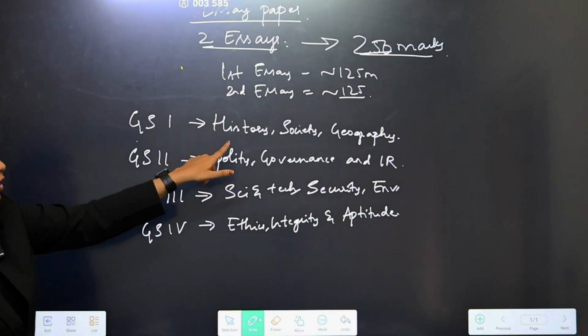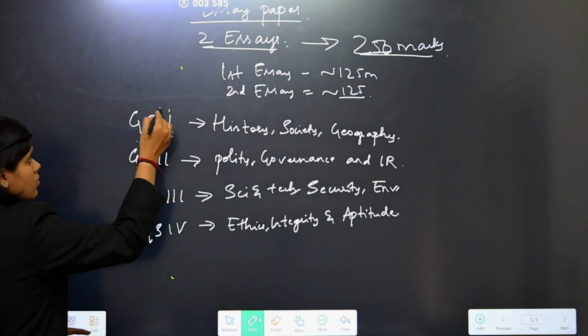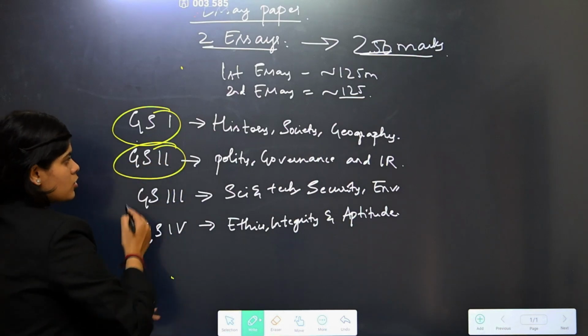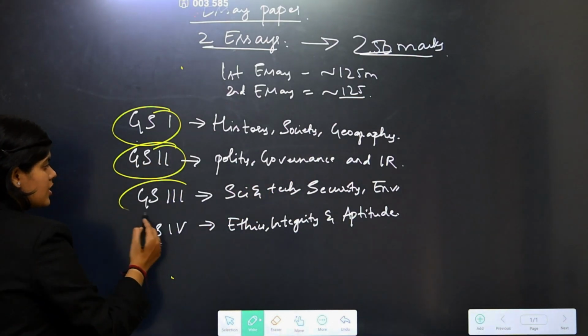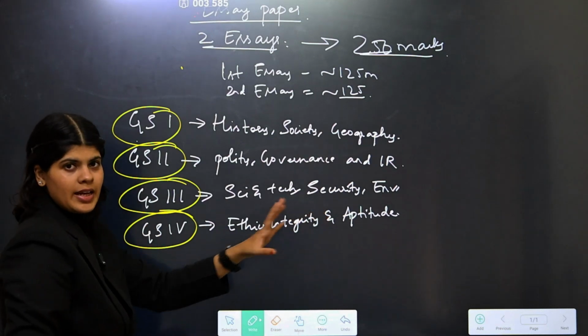So GS1 History, Society, Geography, GS2 Polity, Governance, IR, GS3 Science and Tech, Security, Environment, GS4 Ethics, Integrity and Aptitude.